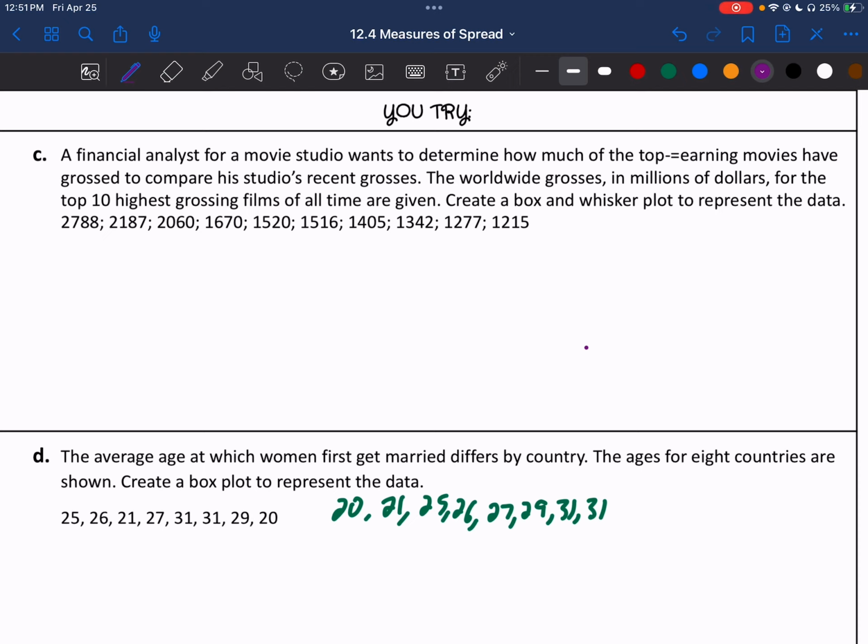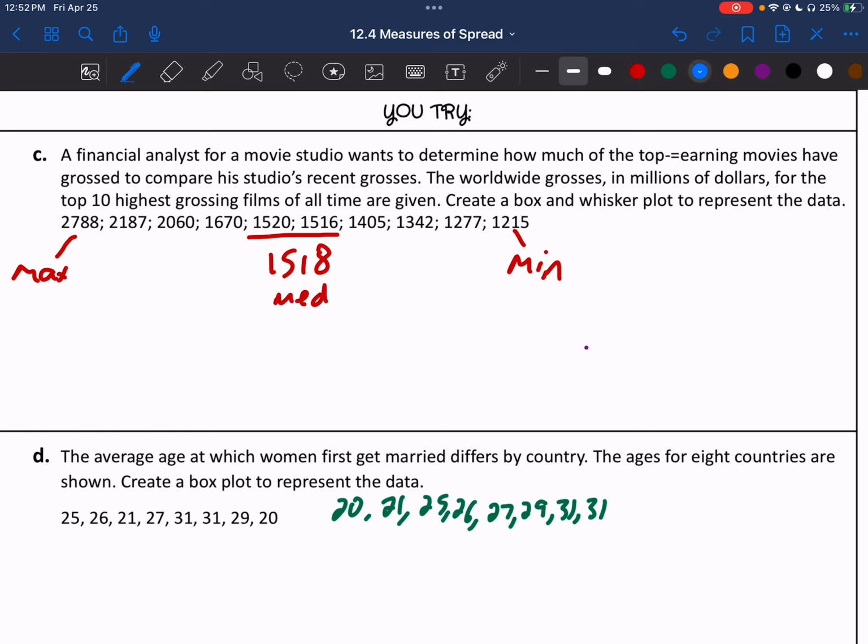So we already have it in numerical order. It's just reversed. It's starting at the high end and it's going down to the low end. So on the left, we have our max. On the right, we have our min. Top 10, so we need to find our average of 1520 and 1516, which is 1518.